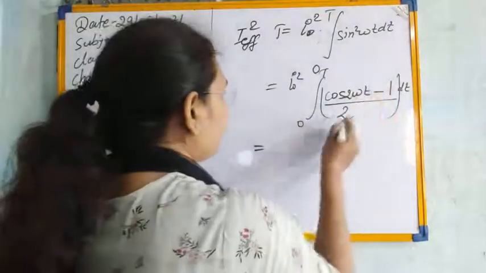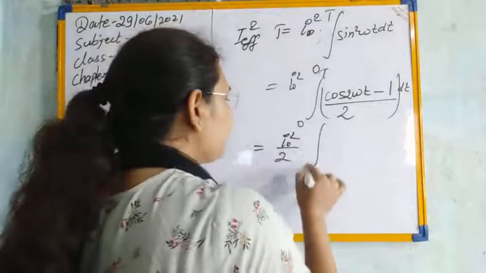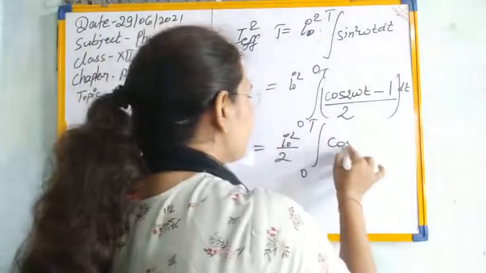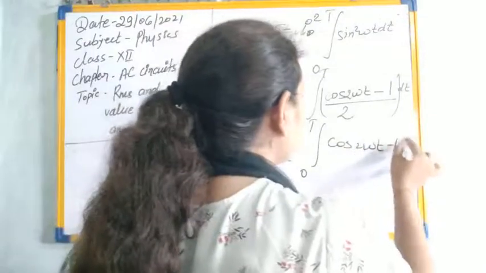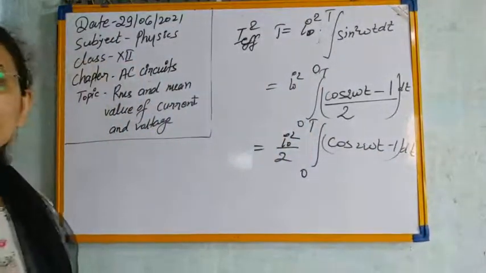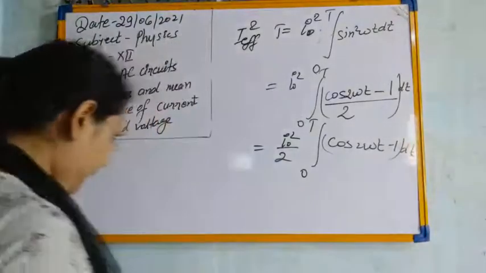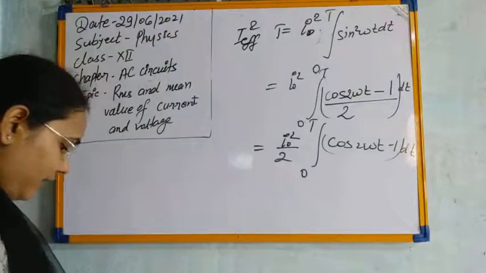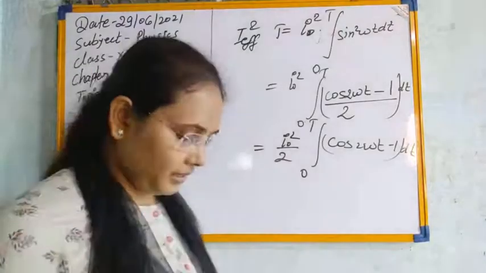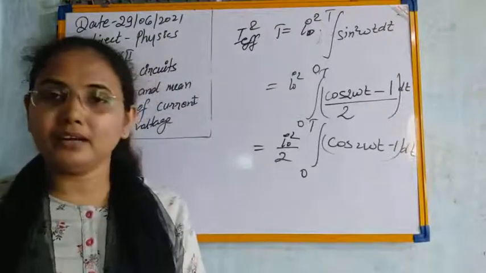Now we can take 2 as common. So this is I square by 2, integral from 0 to t of cos 2 omega t minus 1 dt. Now you can integrate this factor, and after integration you can obtain the value, which I will write here directly.